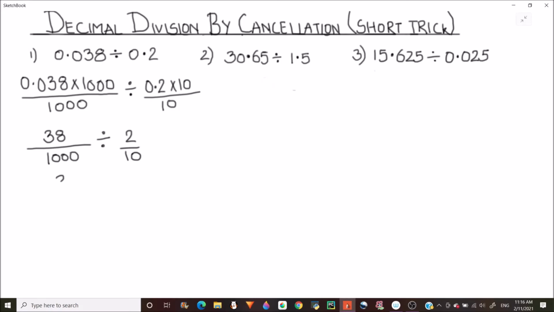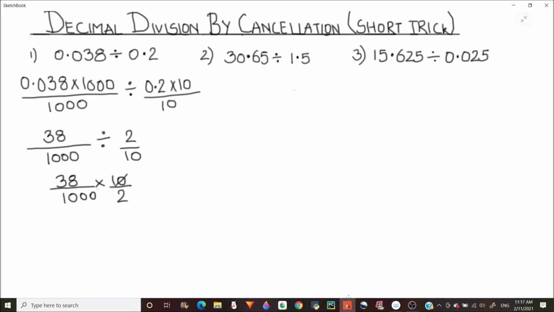So for that, this will become 38 over 1000 times 10 over 2, because in fraction division we take the reciprocal of the divisor and replace the division sign by a multiplication sign. Now we can cancel these numbers easily.